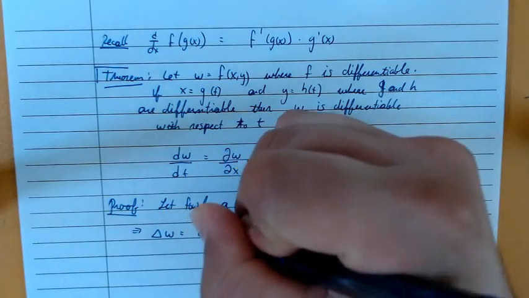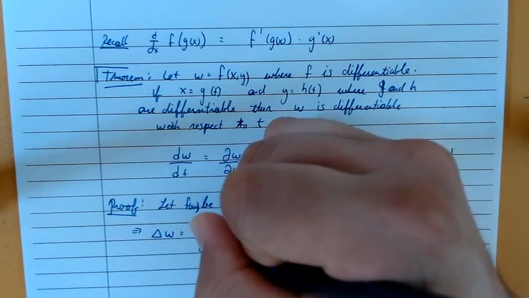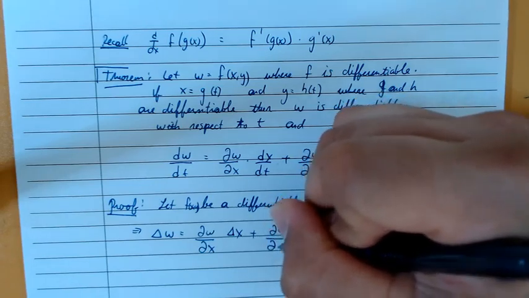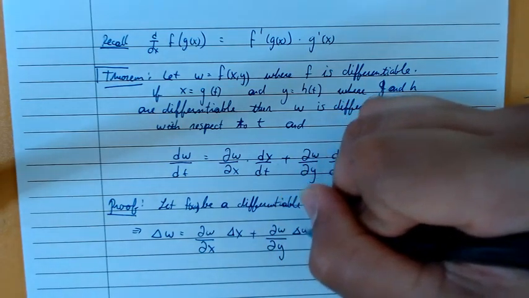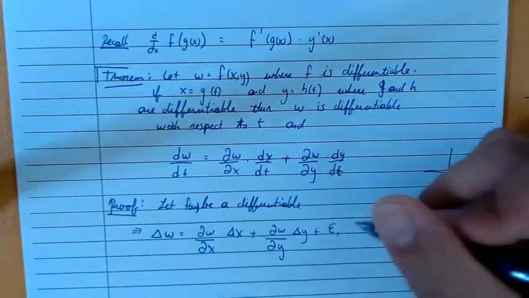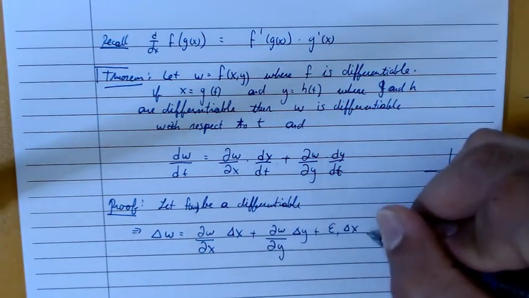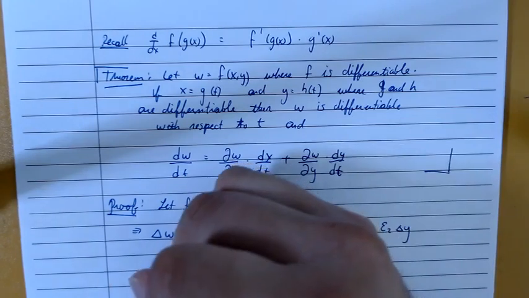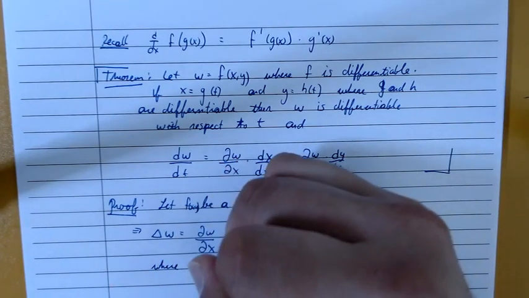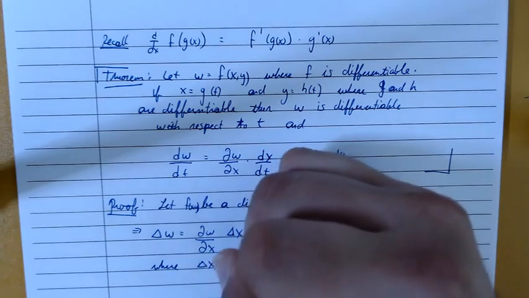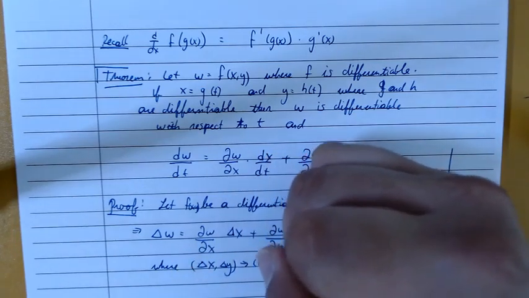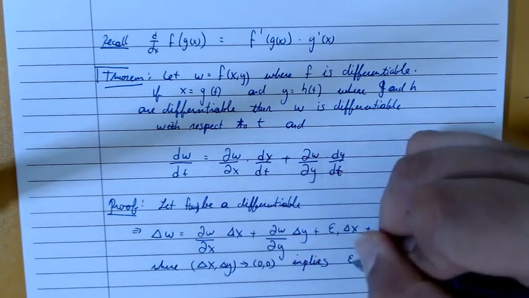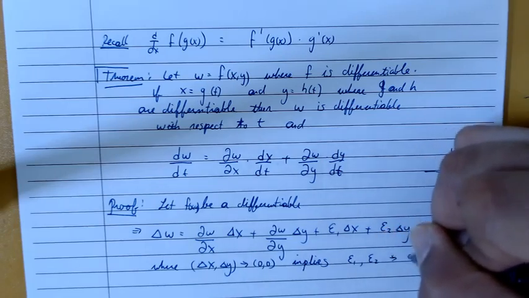That's going to equal del w del x times delta x plus del w del y times delta y plus epsilon 1 delta x plus epsilon 2 delta y, where delta x, delta y approaching the origin implies that epsilon 1 and epsilon 2 approach the origin.